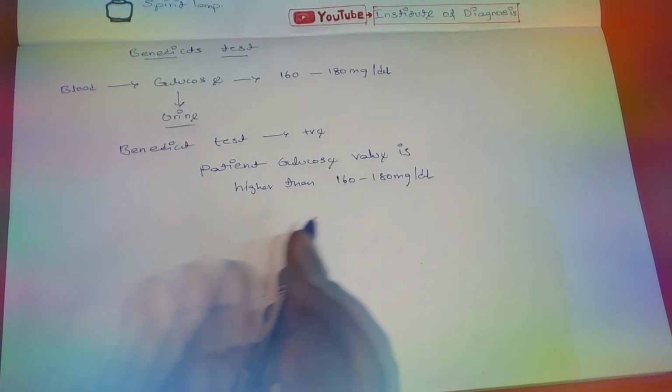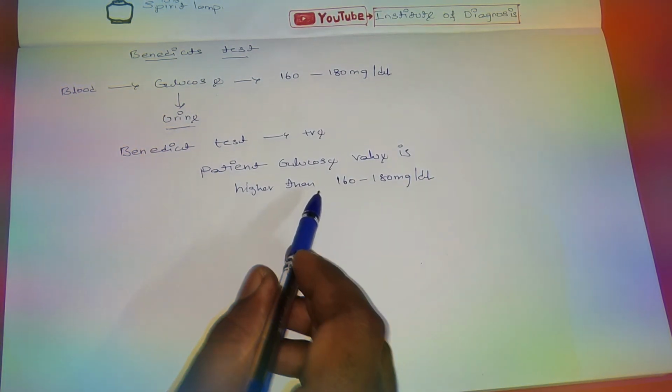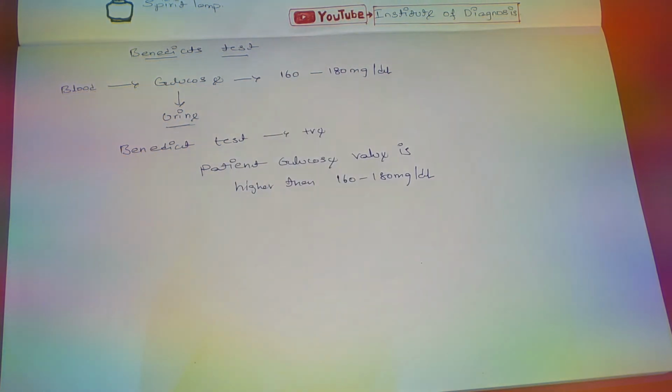Generally, a kidney is having ability to hold only up to a glucose less than 160 or 180 milligram per dl. If the glucose value increases, then it is excreted in the urine.